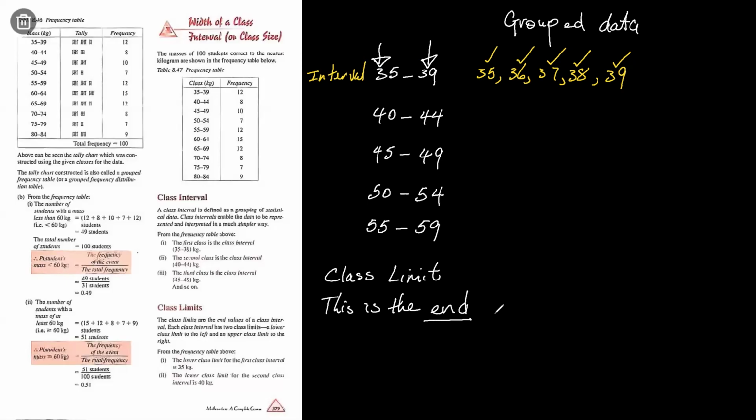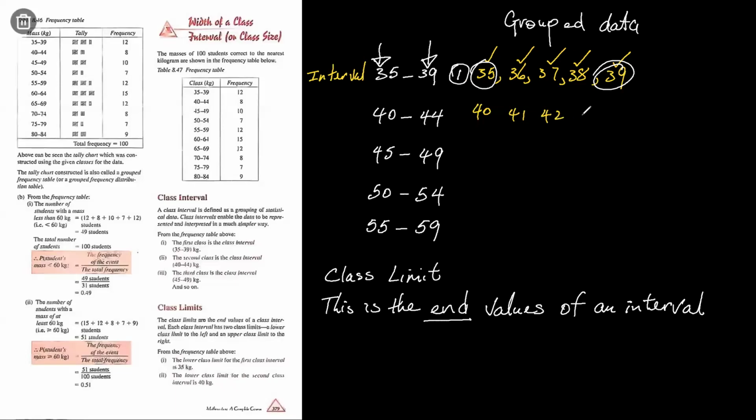End values of an interval. So you have interval 1. The end values would be this and this. So they are the limits. The next interval has 40, 41, 42, 43, 44.